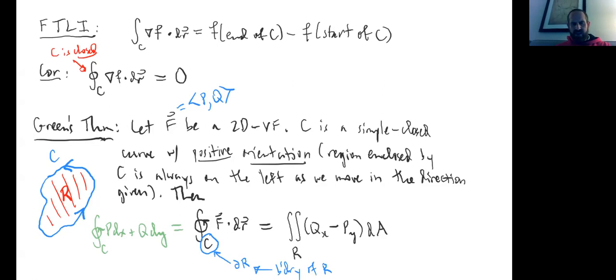That little del R symbol just means the boundary of R. I'm going to keep the C in there because we understand what C is in this particular case, but that's just an alternative way to write things.